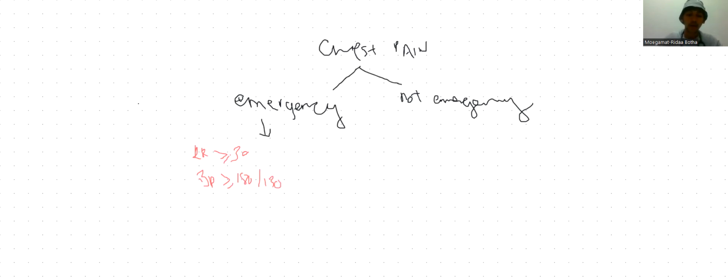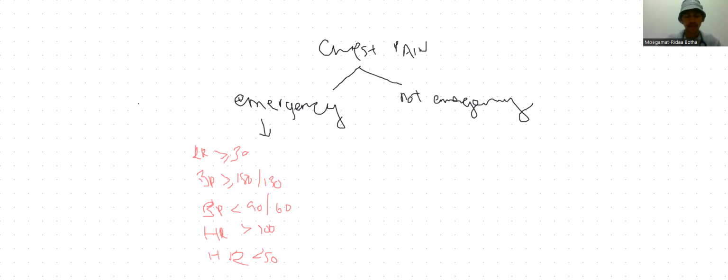Or the blood pressure could be hypotensive, less than 90 over 60. If the heart rate is more than 100, it's tachycardia, and we would say this is an emergency. If the heart rate is less than 50, then you know this is definitely a bradycardia. So that's in terms of your vitals.